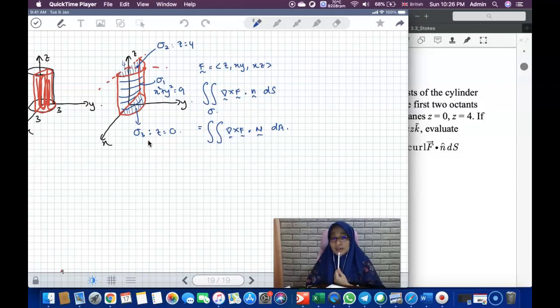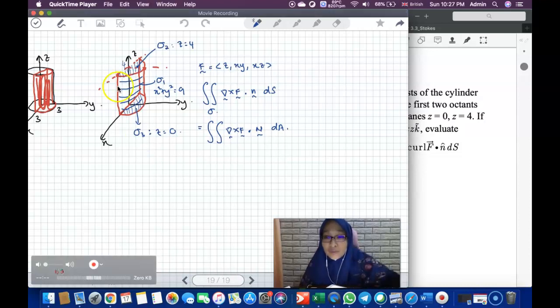It looks like we can, but you have to refer back to the idea of Stokes. So what does Stokes say? Stokes says that if you have an open surface, and that open surface has a boundary given by a closed curve. Your sigma is sigma 1 plus sigma 2 plus sigma 3.